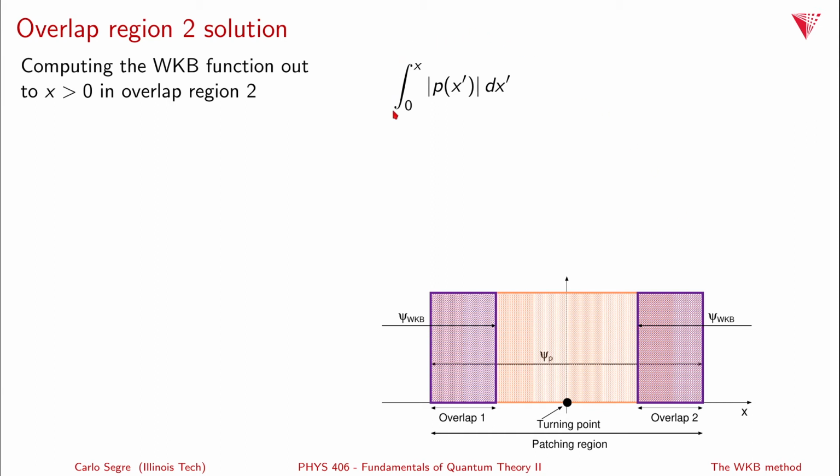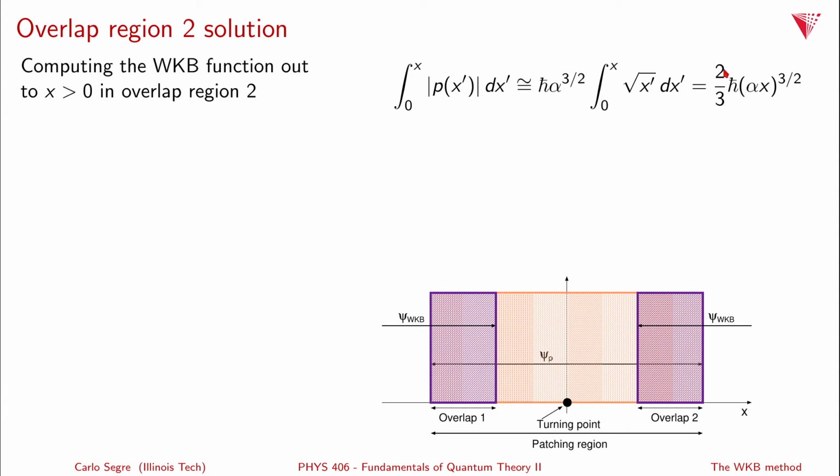And in order to do that, we have to integrate from 0 to x of the absolute value of the momentum, dx prime. But we know what that absolute value of the momentum is. It's h bar times alpha to the 3/2, integral from 0 to x of the square root of x prime dx prime, because we've taken the absolute value of the momentum.